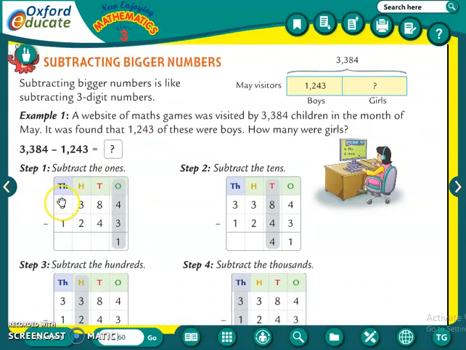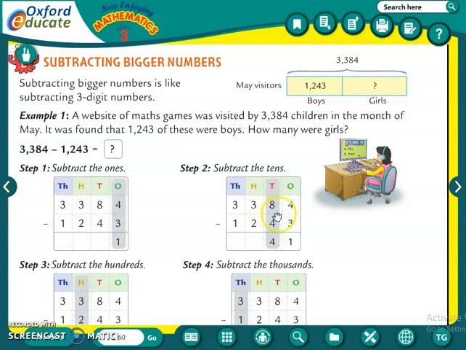So we will write the bigger number first and afterward the smaller number and we will do minus. As we are doing 3 digit number subtraction, we have to do it like that only. We will start from the ones place. 4 minus 3 is equal to 1. Then afterward we will subtract the tens.